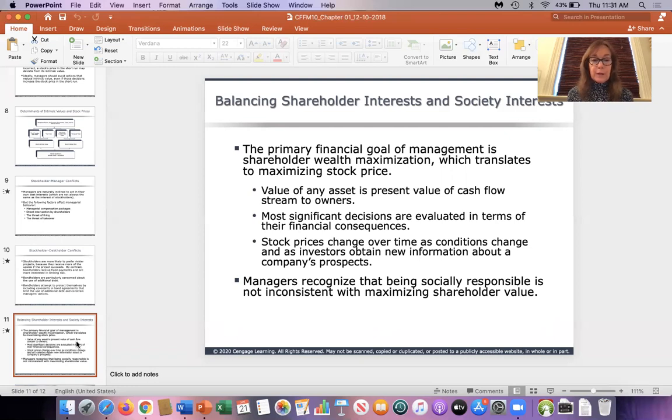And then finally, they don't mention this in the slides, but it's definitely in the textbook, and you need to know this: what is the goal of a corporation? Well, the goal of a corporation is to maximize shareholder wealth. The way shareholder wealth is maximized is by increasing the stock price. Okay, so you might think, oh, well, the goal of a corporation is to maximize profits. That's not really the right answer.